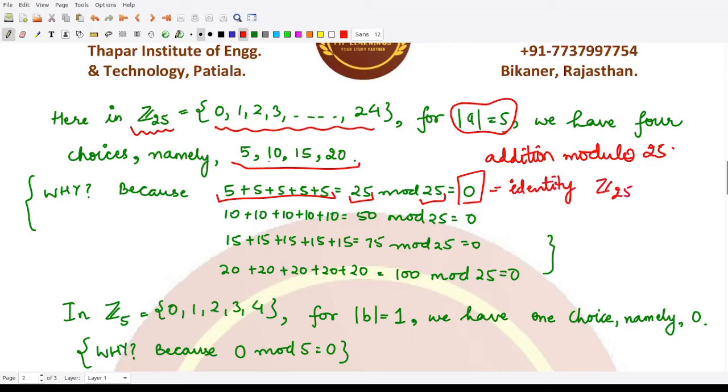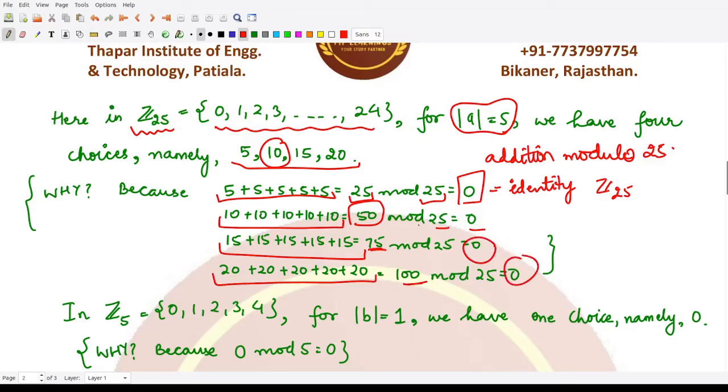Next, for the second element 10, when you add it 5 times, because 5 is the order, you would have 50, and 50 mod 25 is again 0, which is the identity of Z25. Similarly for 15 and similarly for 20, right? So we get 0 each time. Therefore these are the 4 possible numbers for which we may have the order as 5.